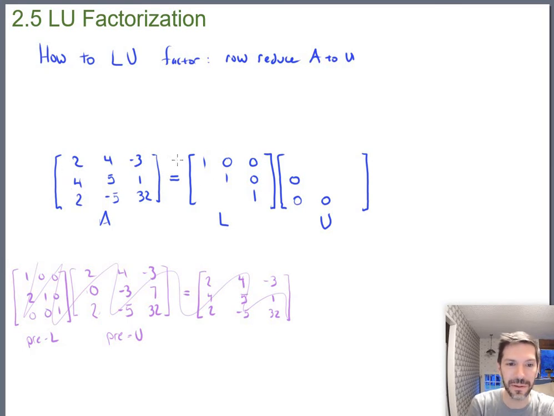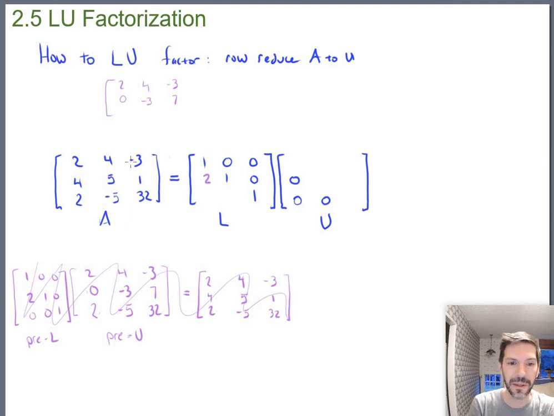I am going to keep the top row, but first of all do -2 of the first row added to the second row. So we already did that. 0, -3, and 7. And I know that the opposite of that, +2, will be what undoes that process over here in the L.